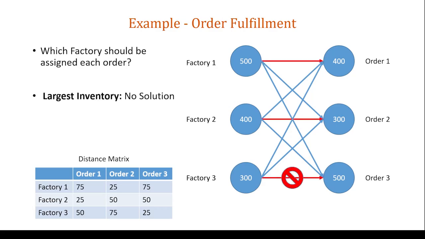If orders are assigned to factories with the largest inventory, it's shown that order 3 cannot be fulfilled. Likewise, if orders are instead assigned to the closest factory to each order, again, order 3 cannot be fulfilled.